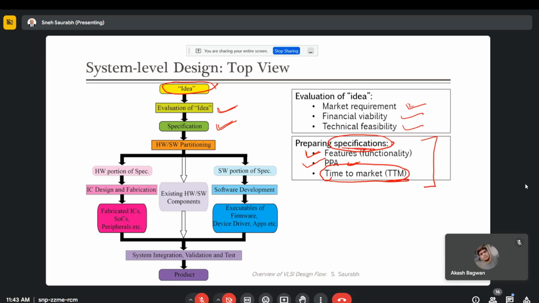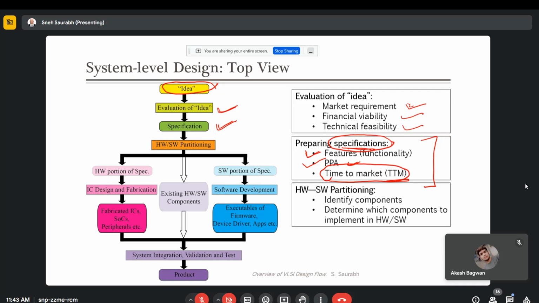And once the specification is prepared in terms of functionality, PPA and TTM, what we do is hardware-software partition, right? Once we have our specification, we think about which portion of it can be satisfied by software running on a general processor. For example, if we are designing an SoC, there can be a built-in microprocessor, and there can be other hardware components, accelerators, and other things.